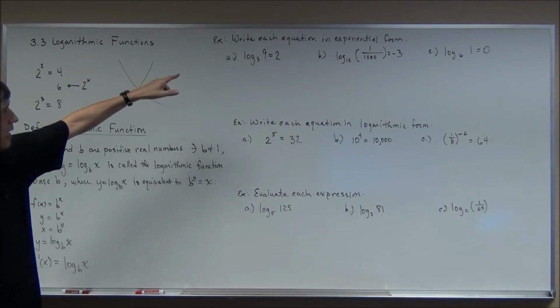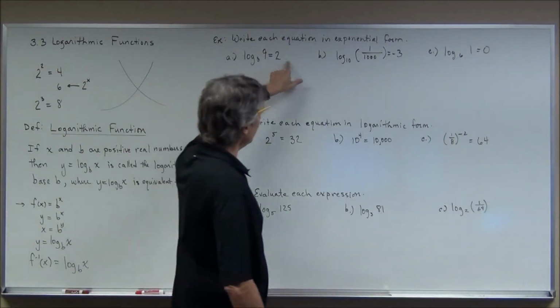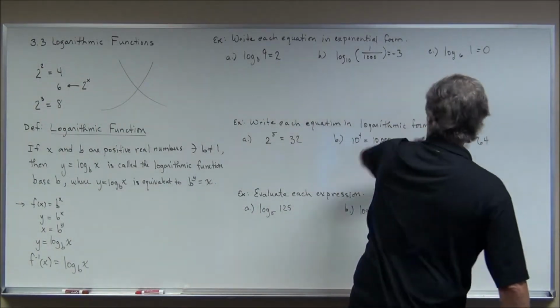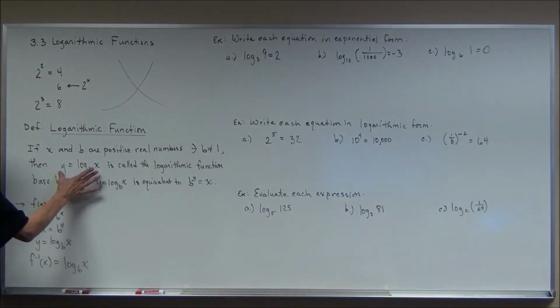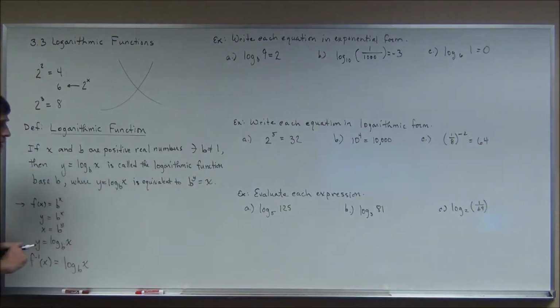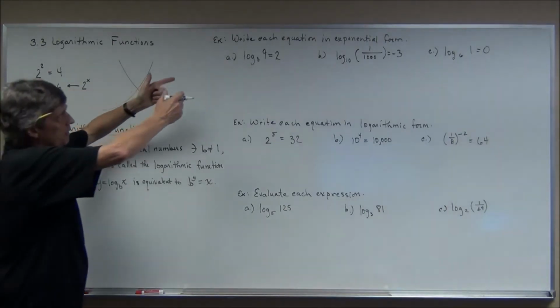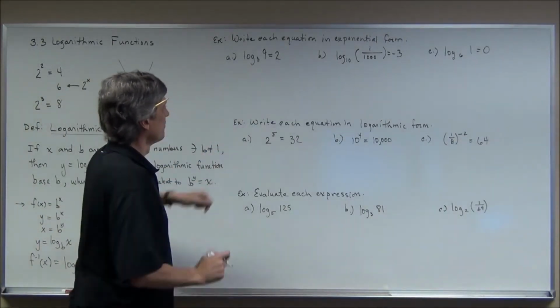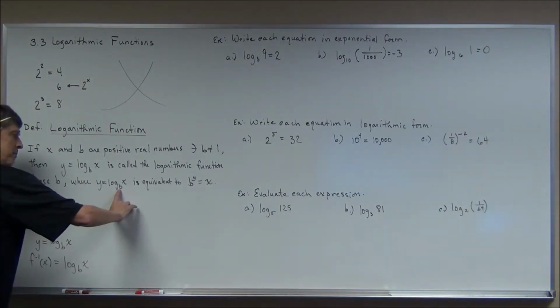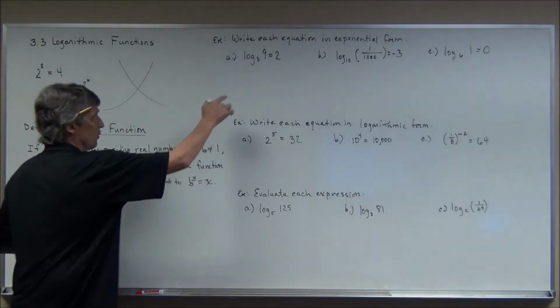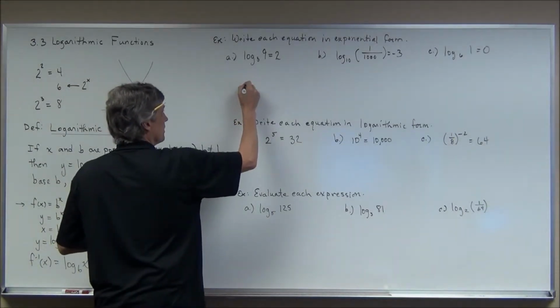And we'll start looking at first rewriting this form, logarithmic form, into exponential form. See, this is called logarithmic form, and this is called exponential form. And they're equivalent, so I want the equivalent exponential form of this. Now, the base of the exponent is the base of the logarithm. So this is base 3.